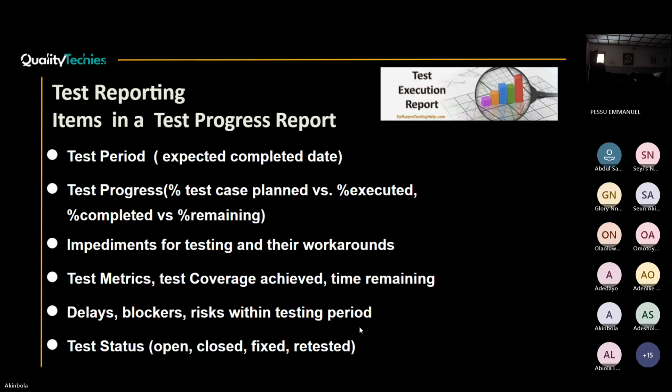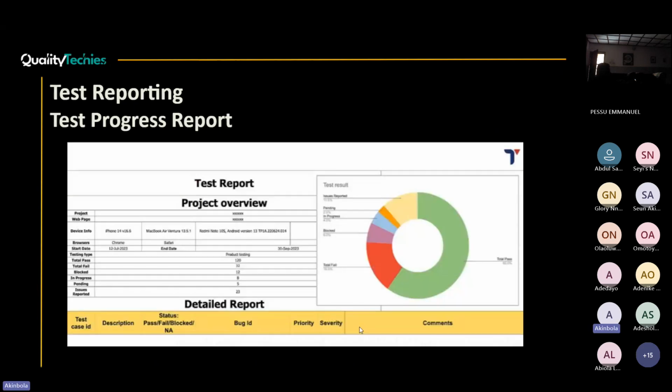Then daily test status, the ones that are open, the ones that have been closed, the defect issues and whatever. So this is an example of what an overview progress report should look like. When I was saying the metrics and what have you, I'm not too sure that this is clear, but you can see very well at the right hand side there is a pie chart.